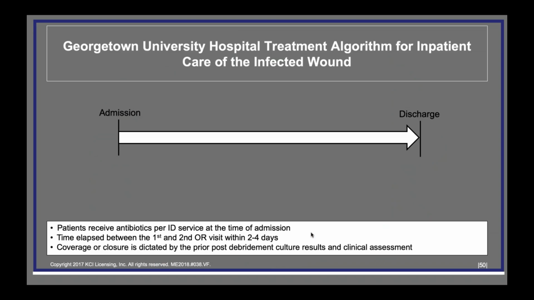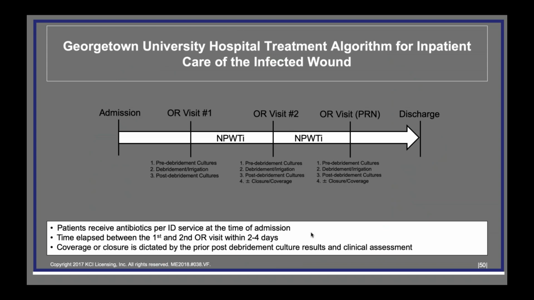When I was working at Georgetown, we had a very simple algorithm for care of these patients. And we were a surgical service, so we were heavily OR-based. And I think there's a solution outside of the OR that I'm going to talk about in just a few minutes. But essentially, a patient went to the operating room, then instillation was applied, and the patient went back to the operating room for perhaps the closure or coverage portion.